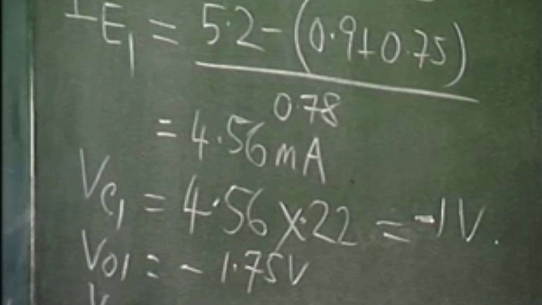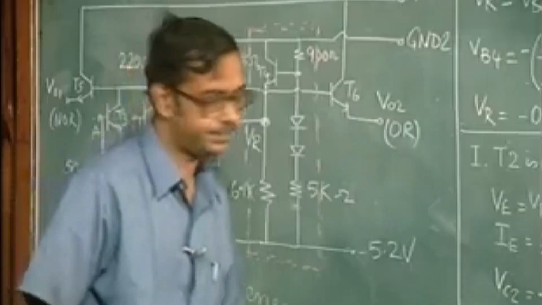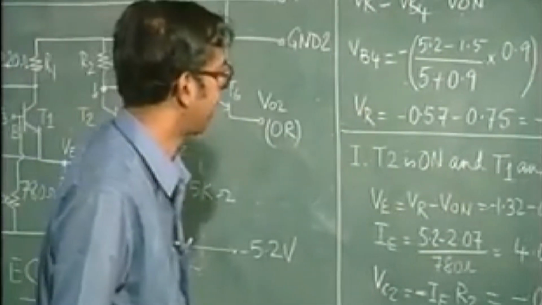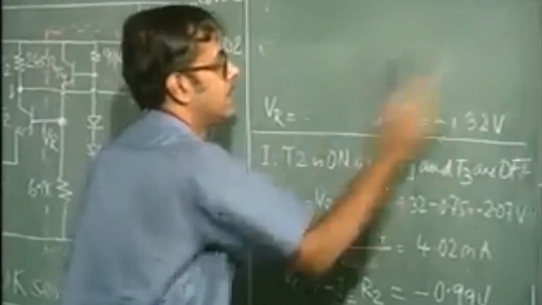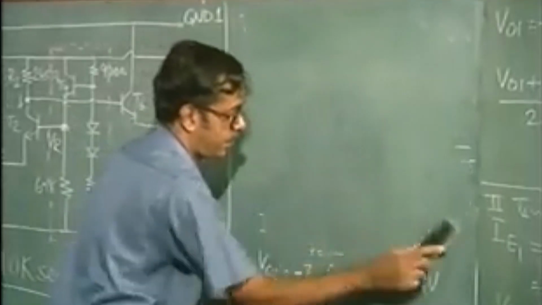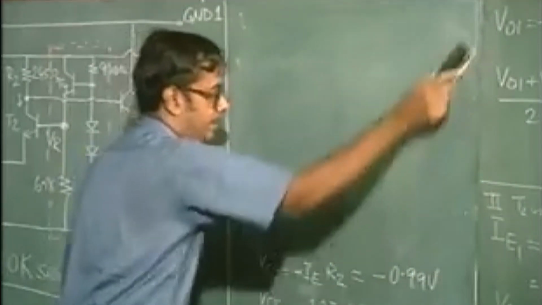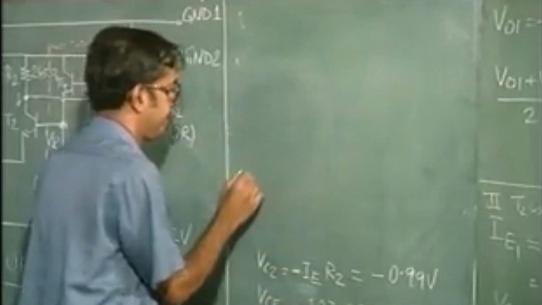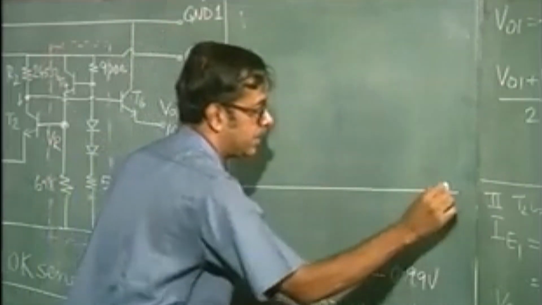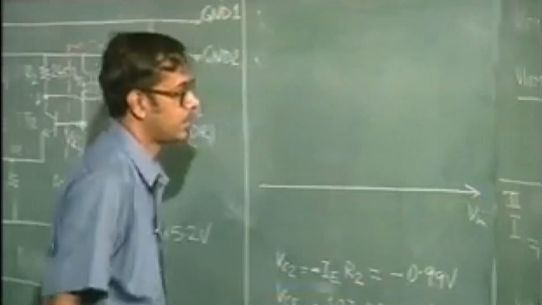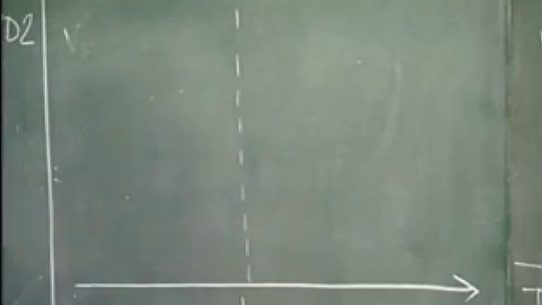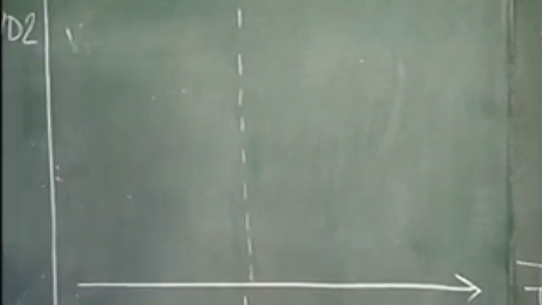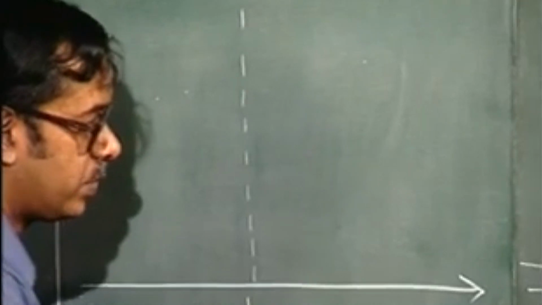Now, can we draw the input output characteristics based on this? So, this is the input scale, say. I draw this. This is VR, equal to minus 1.32 volts.